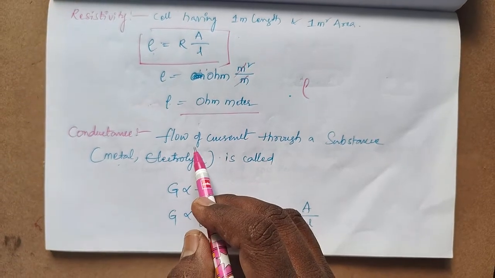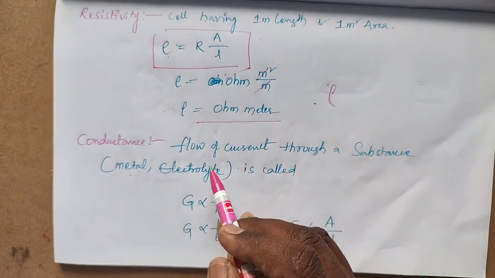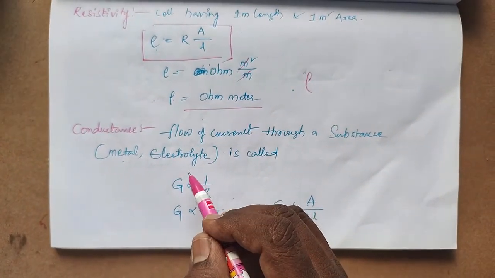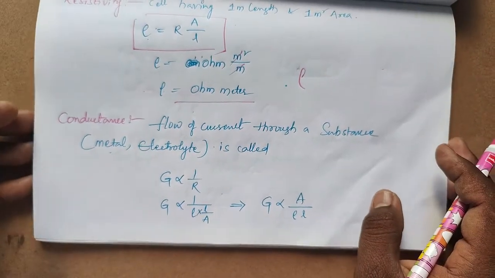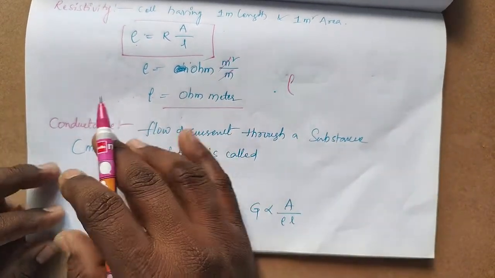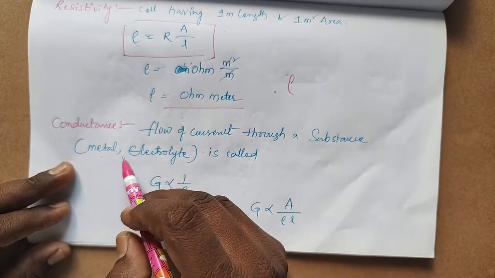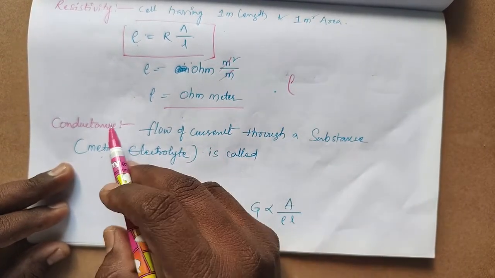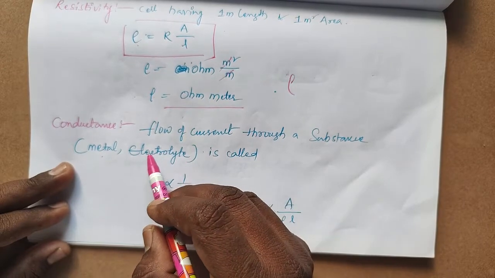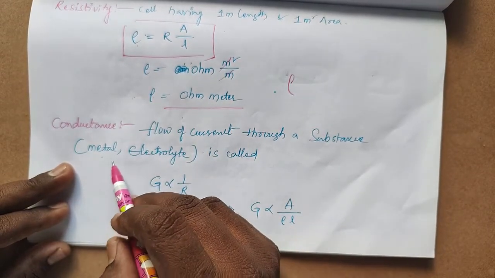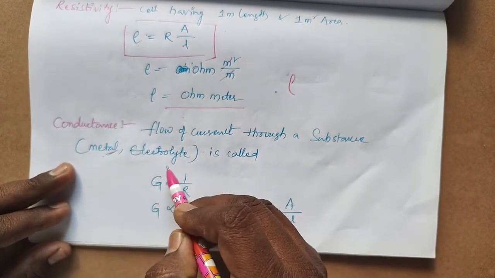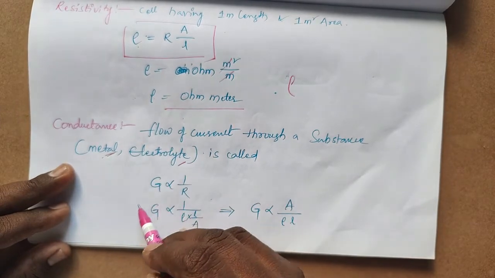If it is a metal, that is a metal conductor. If it is an electrolyte, that is an electrolytic conductor. Those substances are called conductors.